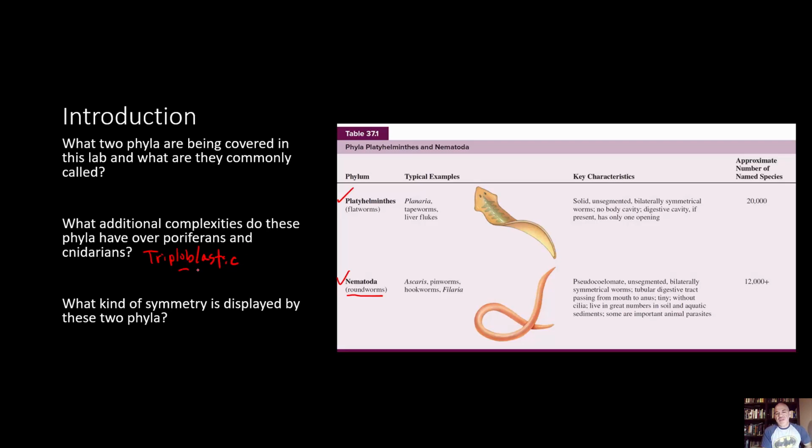We already saw 2 earlier in diploblasts, like the cnidarians, and that's the endoderm and then the ectoderm. The endoderm tends to line the inside of the digestive cavity, and ectoderm will make structures like the epidermis. But now we're going to have a middle layer, mesoderm. And mesoderm is going to be responsible for making tissues like muscle tissue.